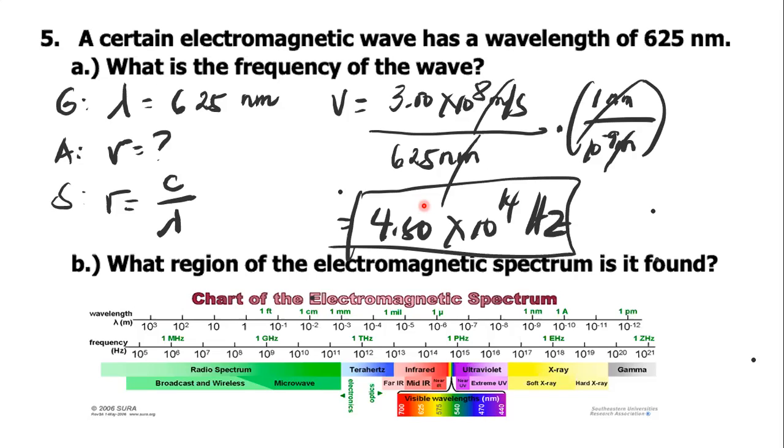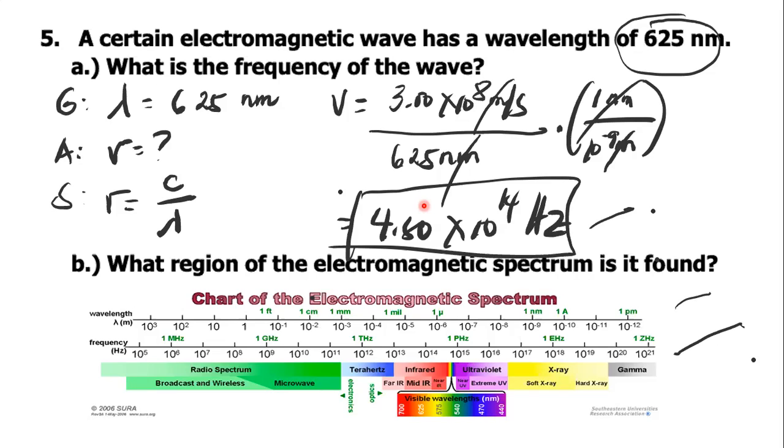You need here the chart of the electromagnetic spectrum. What region of the electromagnetic spectrum is it found? You may use also the frequency, but since it is 625 nanometers, so we have here a wavelength. These are in micro. And then here you get to see the frequency.